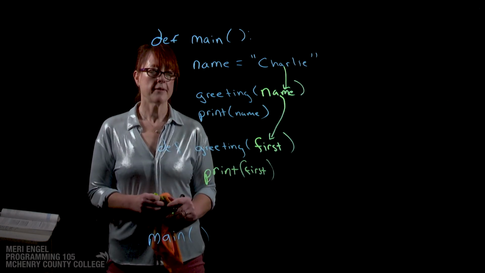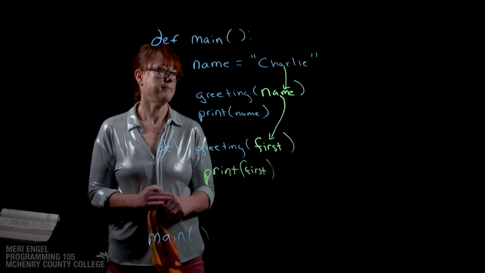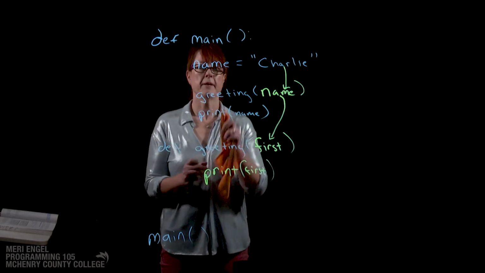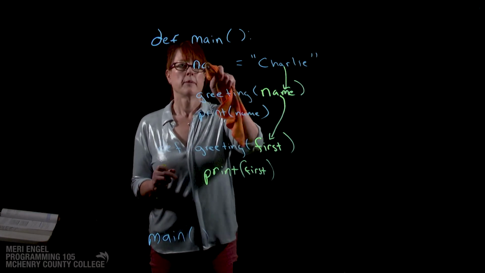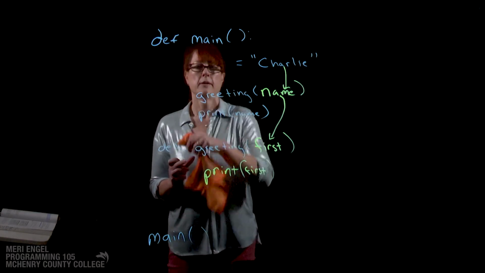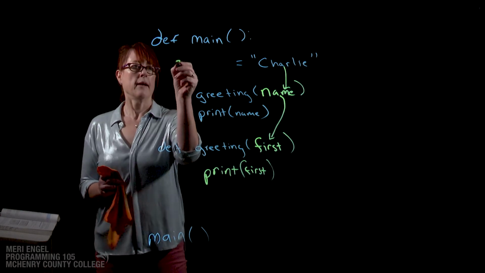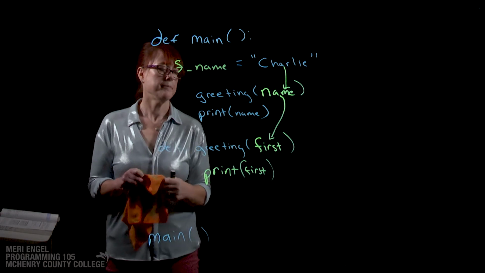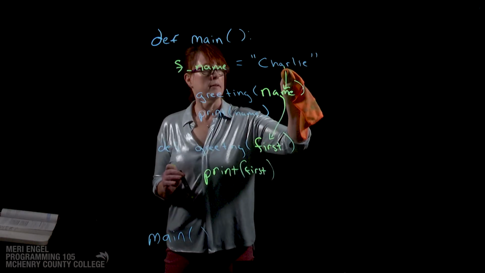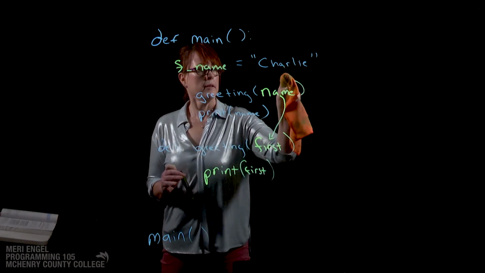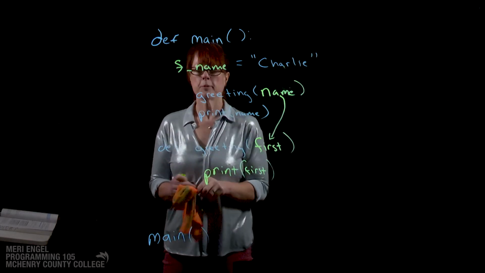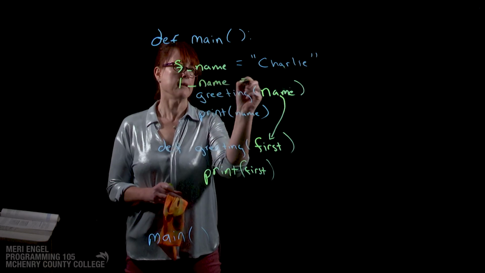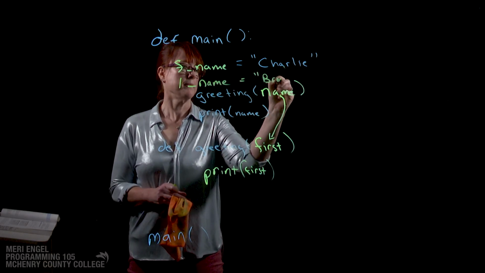You can also pass more than one variable. So we could have, and I'm going to make this a little clearer, F underscore name equals Charlie. I'm going to add a second variable, L underscore name equals Brown.